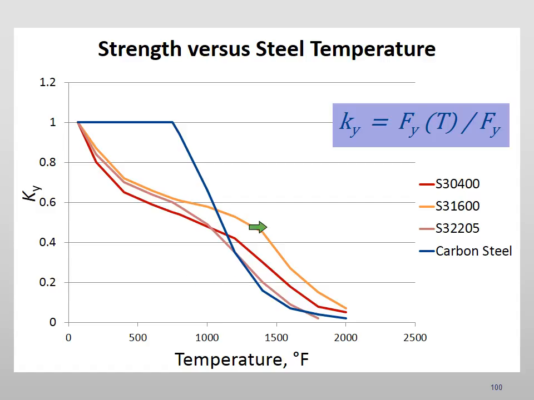The orange line is the austenitic grade 316, and then the red line is 304. Rather different characteristics, losing strength fairly rapidly, but then at temperatures above, say, 1100 degrees Fahrenheit, the strength is retained better.